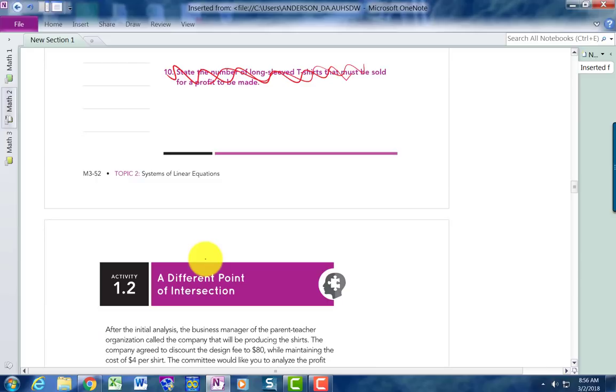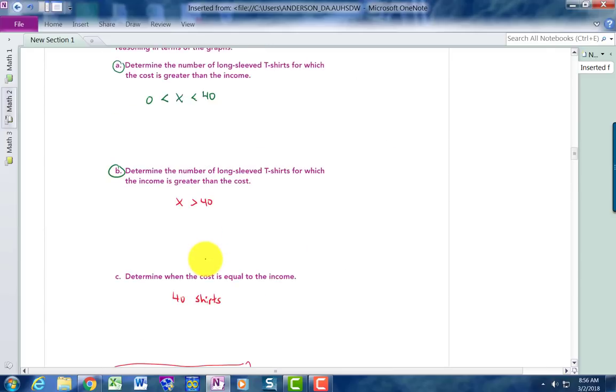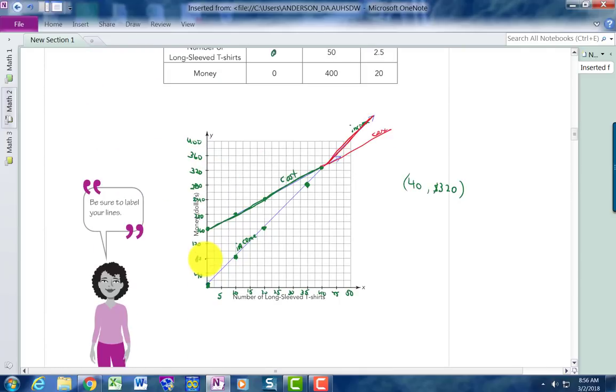Now we're going to get into something called systems of equations, and that's essentially what this is. When you graph two lines, sometimes it's more than two lines later on as you get into higher math, but when you graph two lines like so and you have x and y, two variables, it's called a system of equations, and the solution to the system is where those two equations will intersect. So that 40, 320, that was the solution to the system of equations.